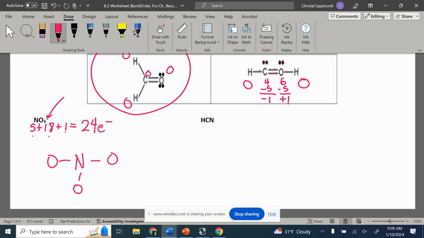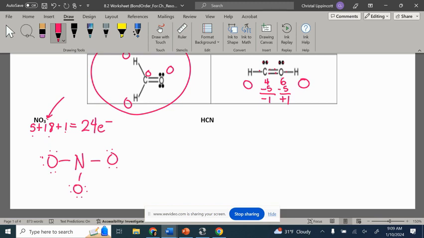Okay, so I'm up to 6 out of 24. And now I'm going to go around and work outside in. So I'm going to work with these guys, and I'm going to go 2. So that's 20. That was 6, 8, 10, 12, 14, 16, 18, 20, 22. Now, if I put the final 2 dots on this oxygen, what problem am I going to have?